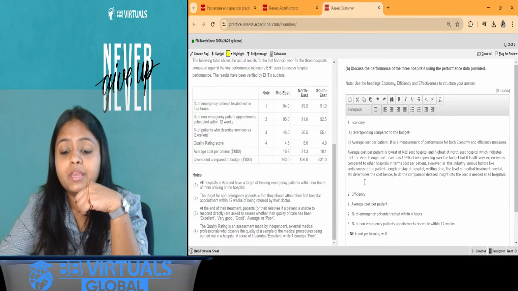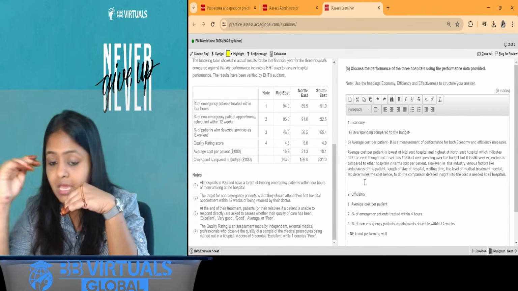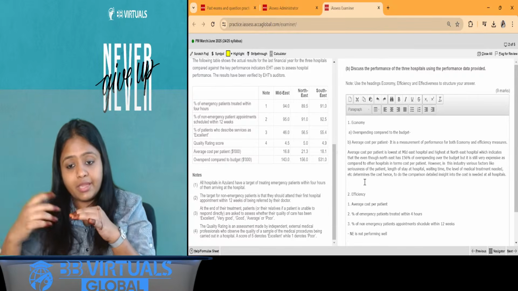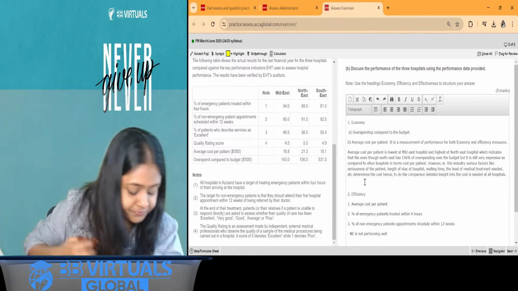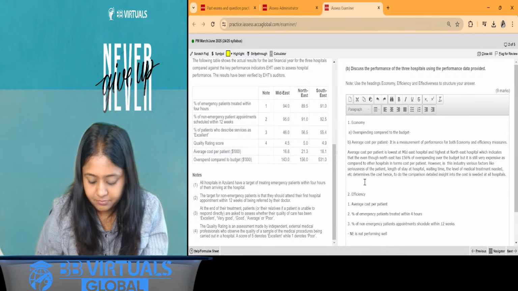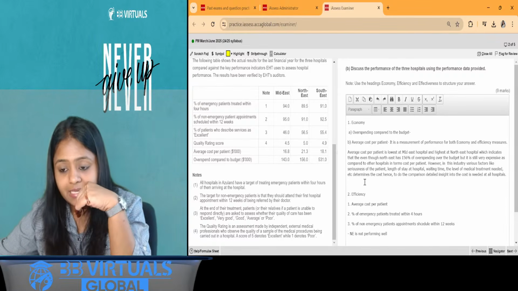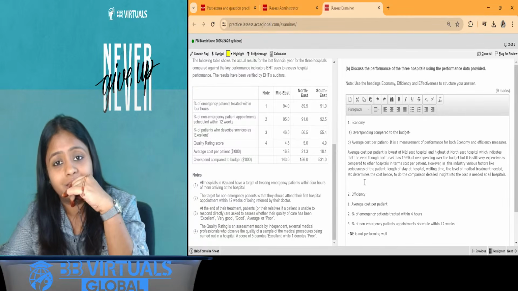So you can elaborate the pointer here that the percentage of non-emergency appointments is 91% as compared to the other hospitals. Now again, relating it to the second point only, we can say that it is not able to meet its target.